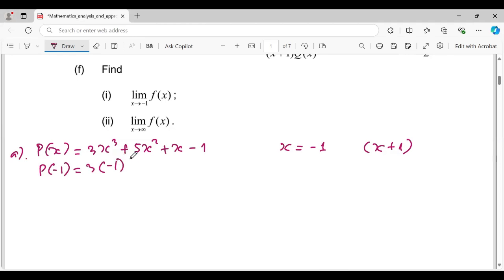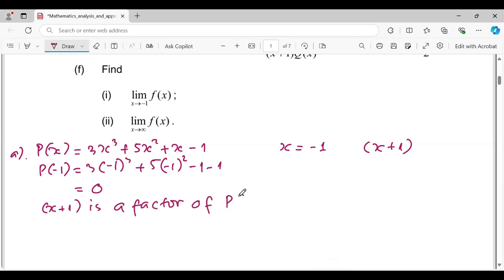3 times (minus 1) cubed plus 5 times (minus 1) squared plus (minus 1) minus 1, and if you calculate, it is 0. Okay, if it is 0, it means x plus 1 is a factor of p(x).